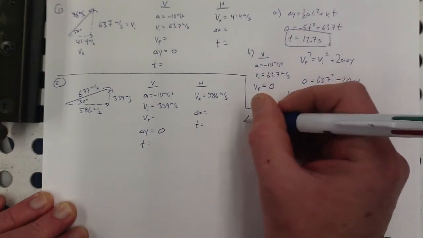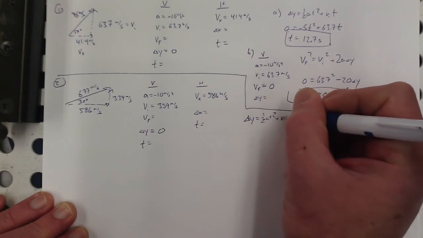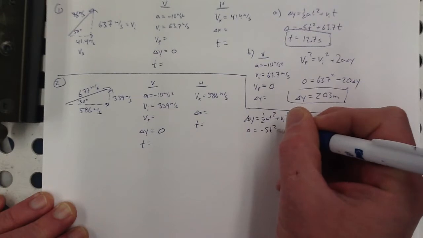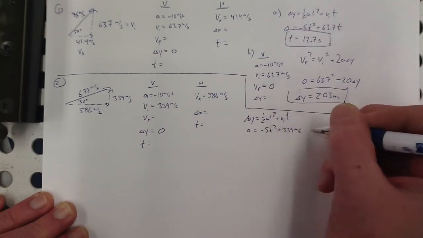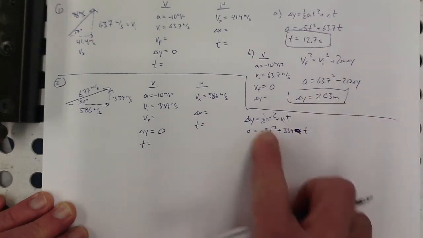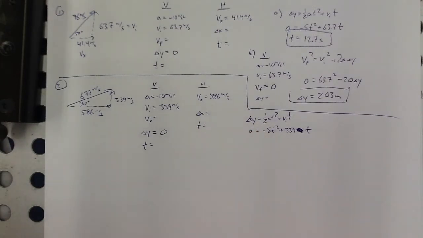So to find that time, I'm going to do delta y is equal to 1/2 at squared plus vit. Delta y is 0. Oop, did not mean to put the units there. Put a t there. So you can graph, or since this is 0, you can do a little algebra for this one, if you like.